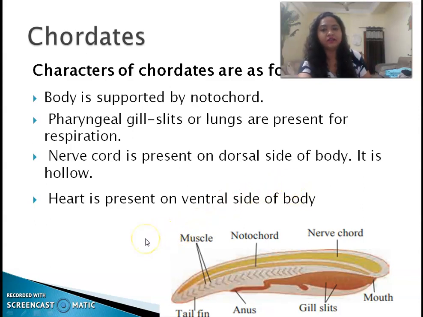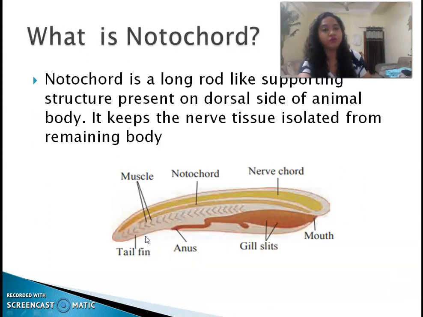Now let us study what is a notochord. Notochord is a rod-like structure which is long and a supporting structure present at the dorsal side of the body. Dorsal means the back side of the body of animals. It keeps the nerve tissue isolated from the remaining body.